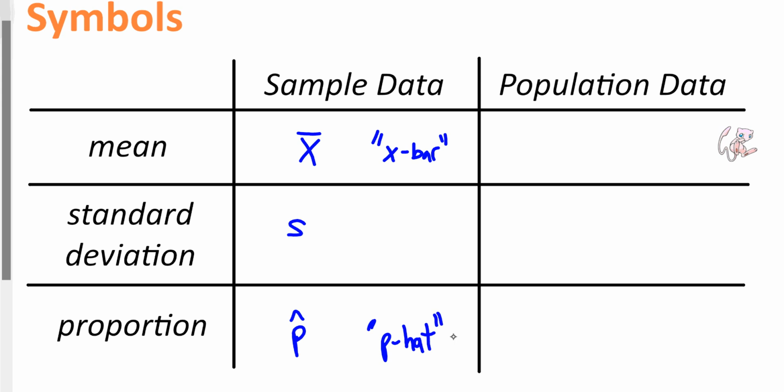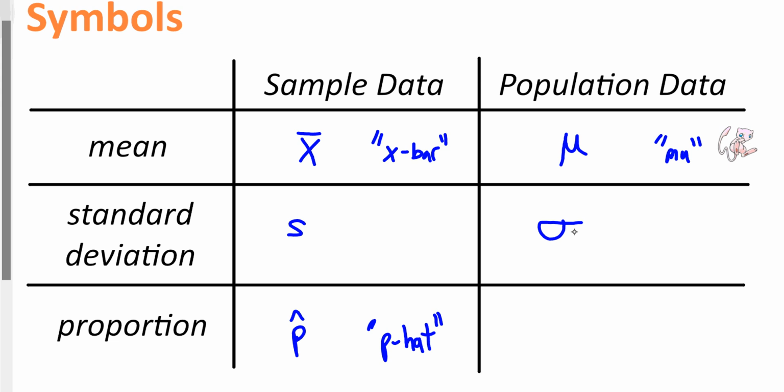Whereas when we deal with population data, it's oftentimes a Greek letter. And for mean, it is mu. So it's like a u with a line attached to the front of it. Okay, that is mu. I think of the Pokemon Mew if you're a Pokemon person. But it's mu.